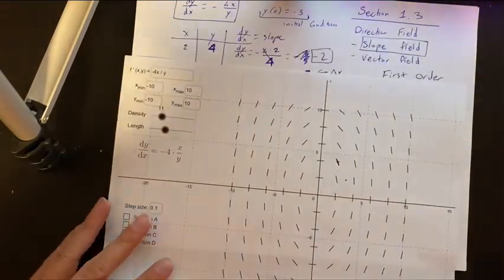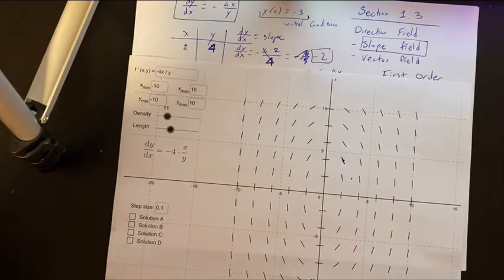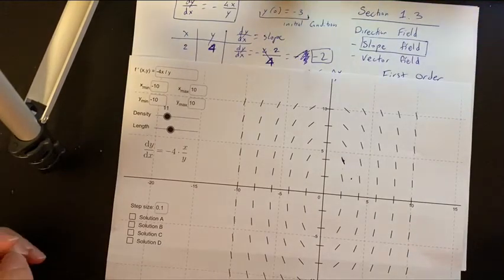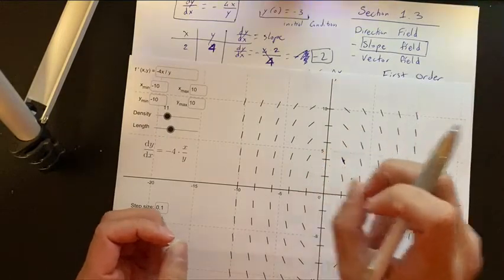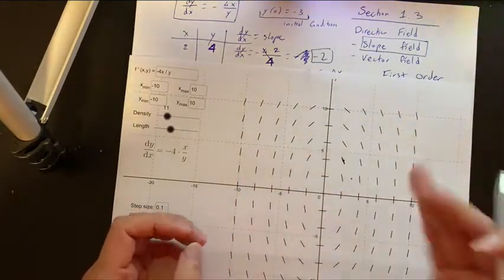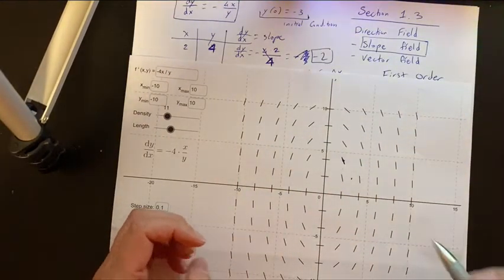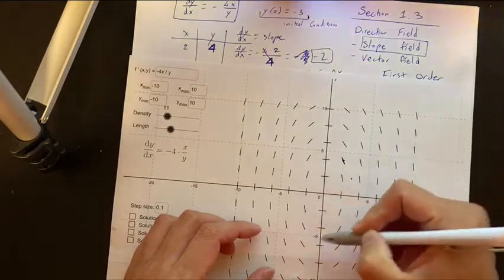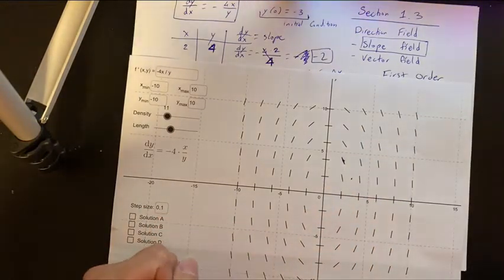And all it is really is a graph of all the solutions, piece by piece. So all these are just small little bits and pieces of the tangent line along the solution curve. And so if I just follow along any of these, I would sketch out a solution.